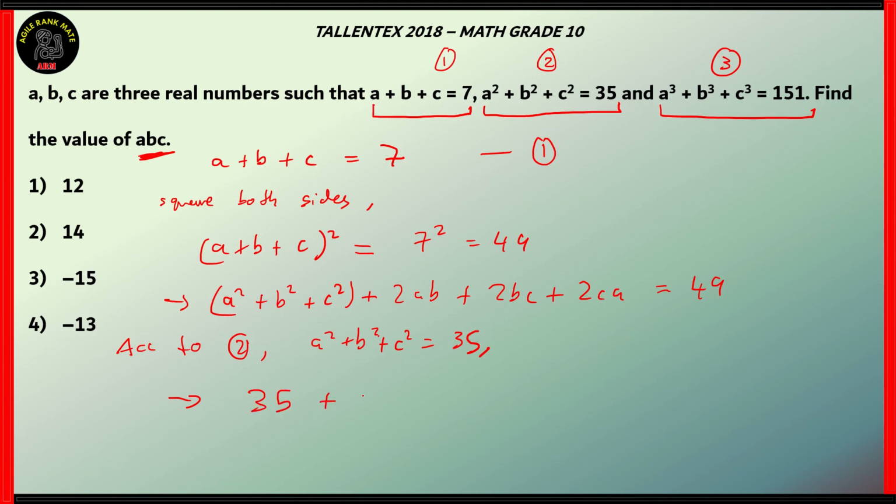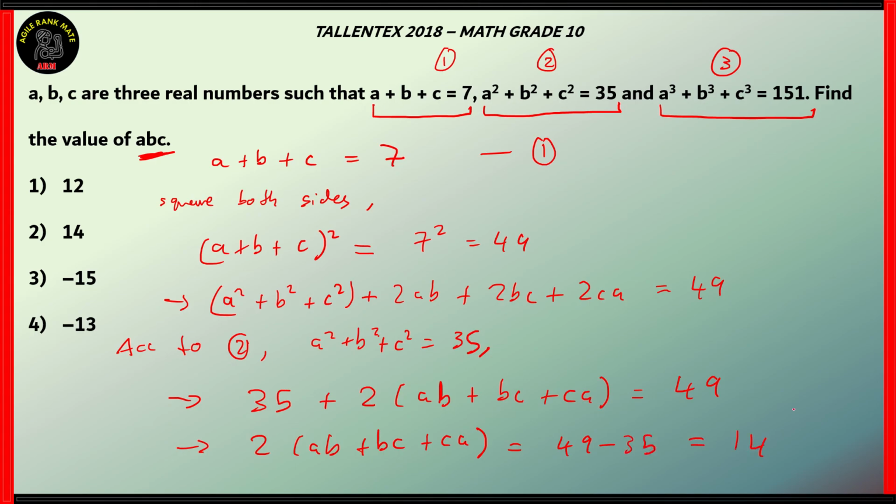So 35 plus 2 times AB plus BC plus CA equals 49. So that means 2 times AB plus BC plus CA equals 49 minus 35, which is equal to 14. You can do the subtraction on your own and you'll get the same answer. 9 minus 5 is 4, 4 minus 3 is 1.